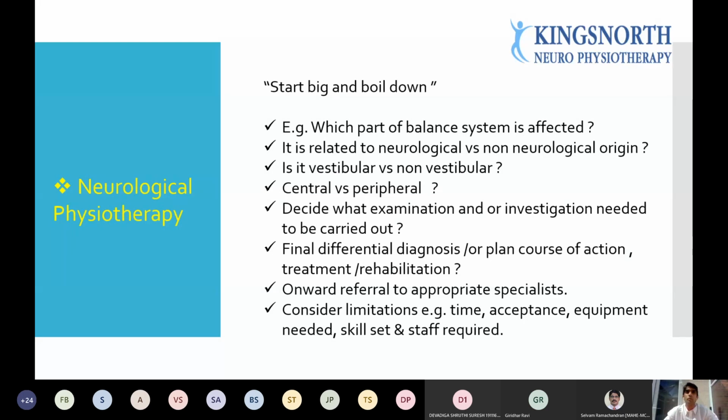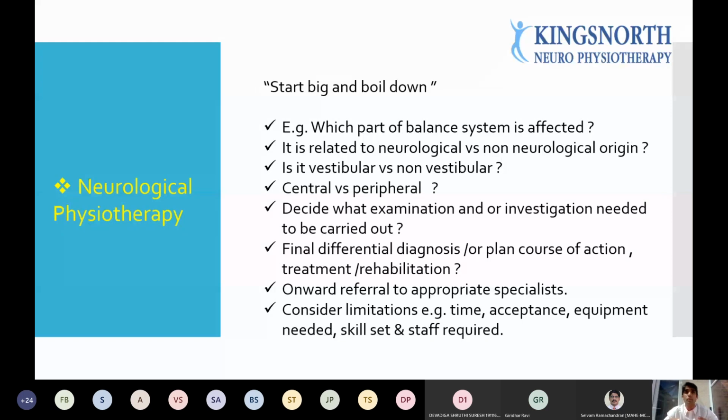For example, what I know superficially is that this patient has come with a balance problem. The second step I would think of is whether this balance problem is neurological or non-neurological. You have many examples you can quote; sometimes you may have balance issues even with MSK issues, but I'm not going to go deep into those.